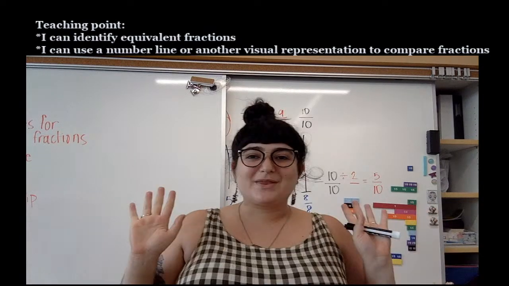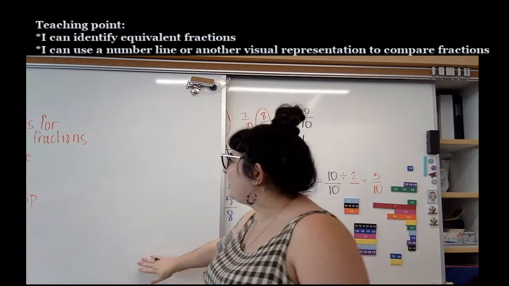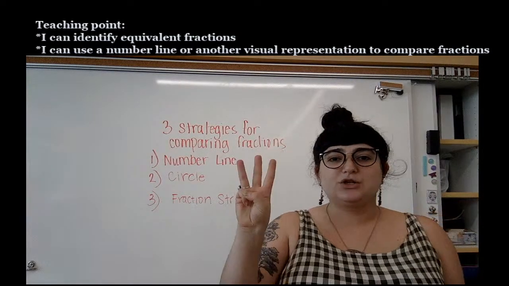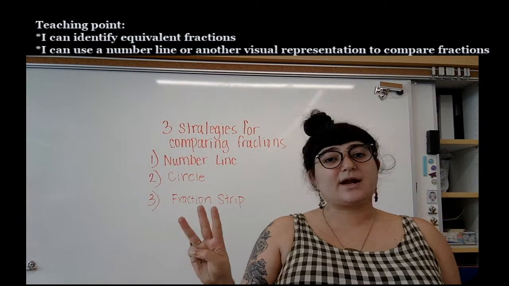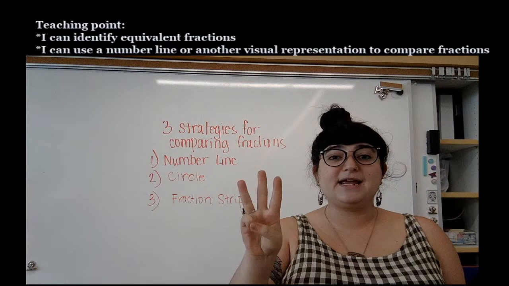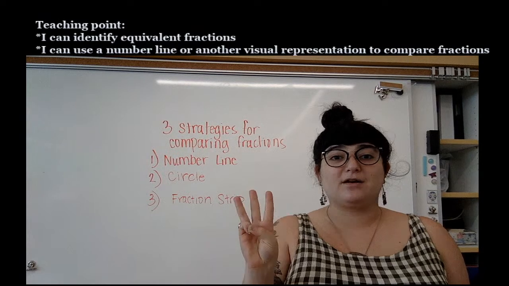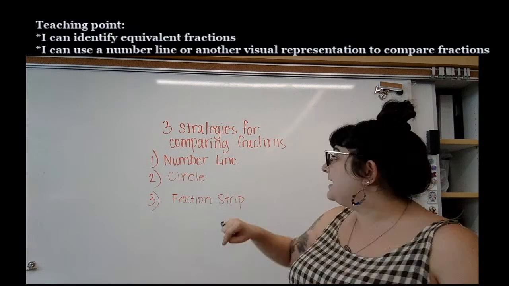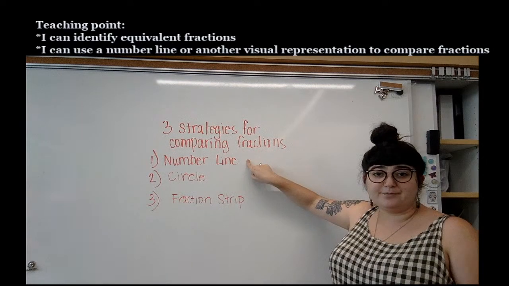So let's start with reminding ourselves that there are 3 strategies for comparing fractions. Say it with me. There are 3 strategies for comparing fractions. The first strategy is making a number line.